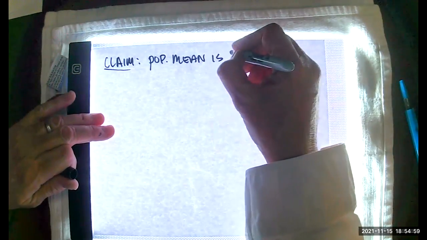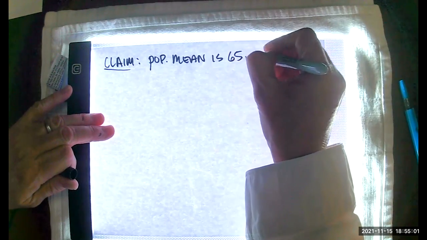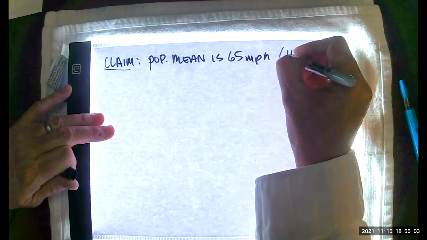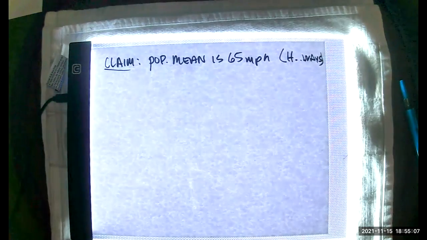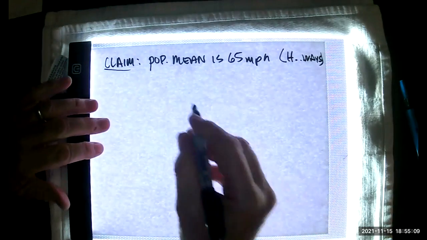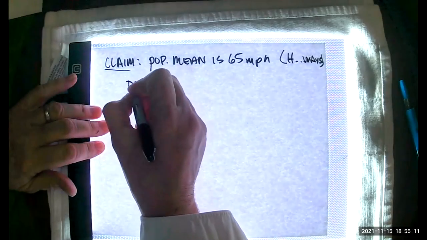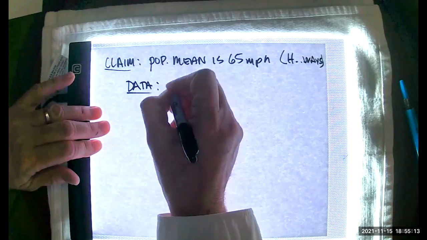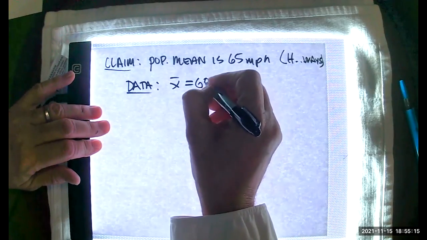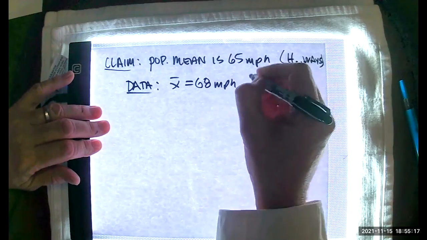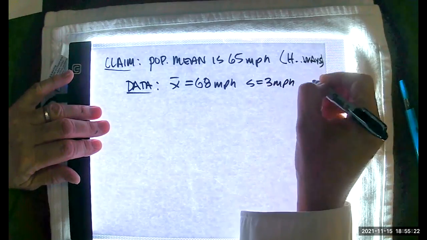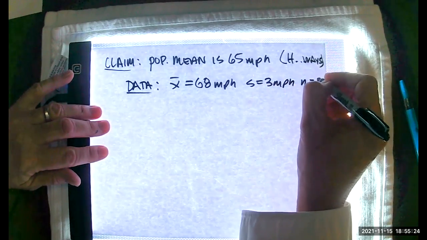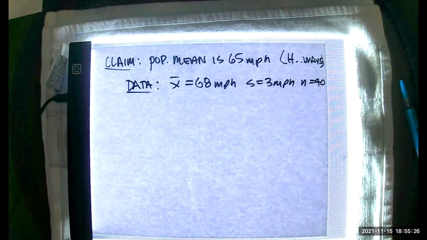Oh, let's measure car speed. 65 miles per hour. That's on our local highways. So that's my claim. We have some data. X bar is equal to 68 miles per hour. S is equal to 3 miles per hour. N is equal to, let's make it 40.